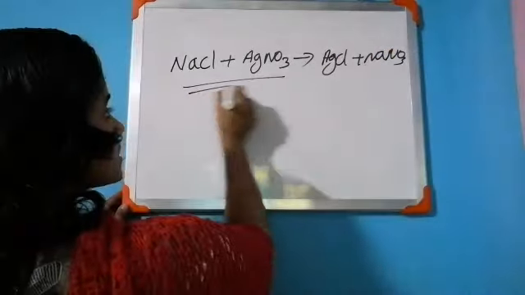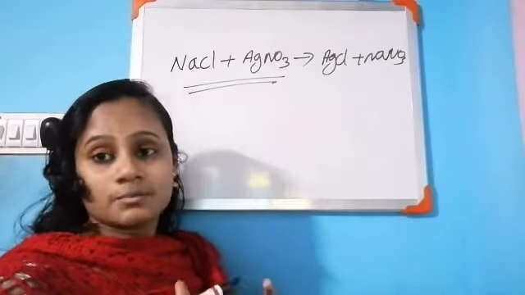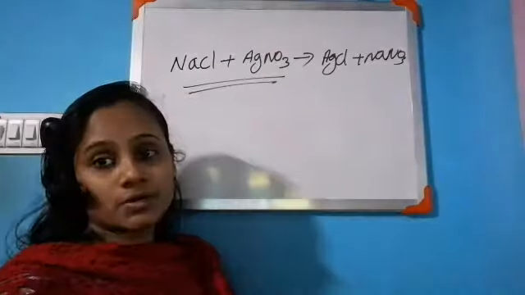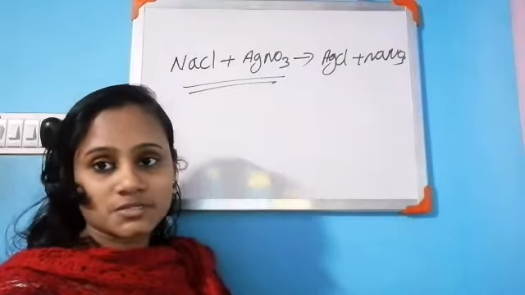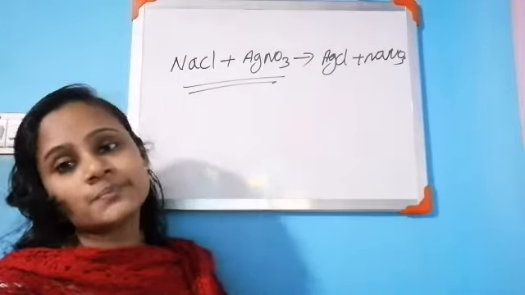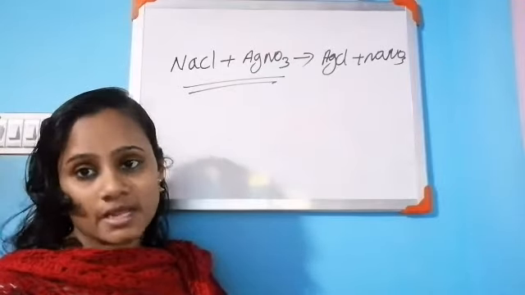Here two solutions come in contact with each other to form silver chloride. What is the color of silver chloride? A white precipitate is formed. So two solutions are combined and a new product is formed. Here also a chemical reaction happened.